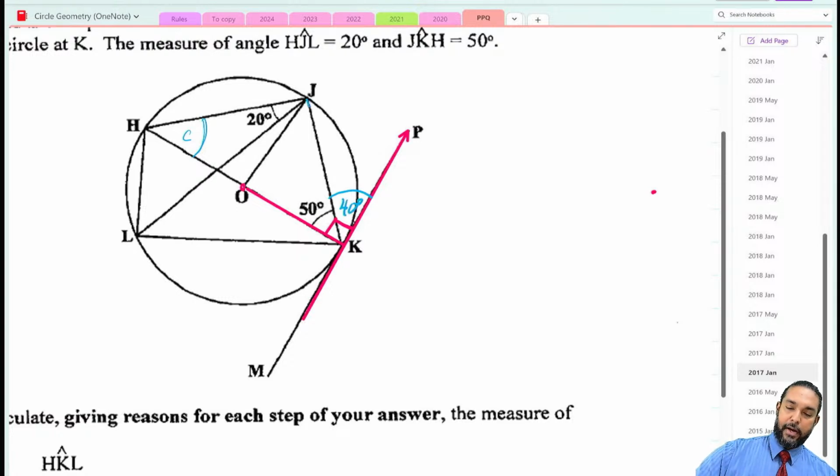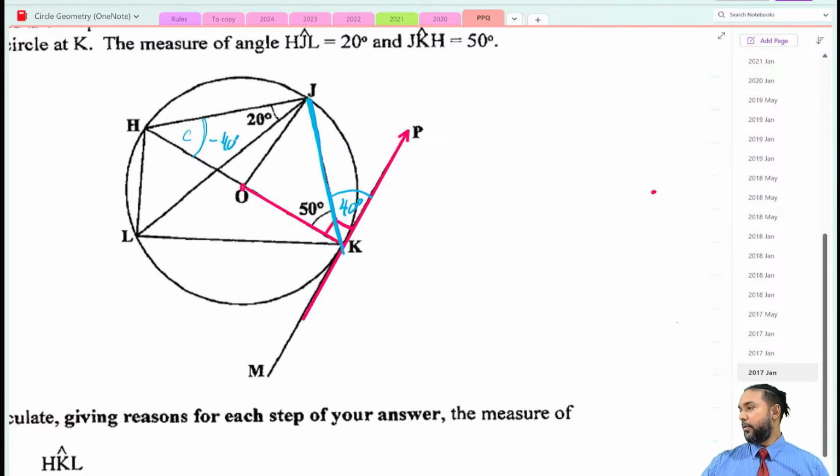And this line here is a chord. The angle between tangent and chord is equal to the angle in the alternate segment. So this is 40 degrees. There's nothing wrong with being explicit in the explanations.